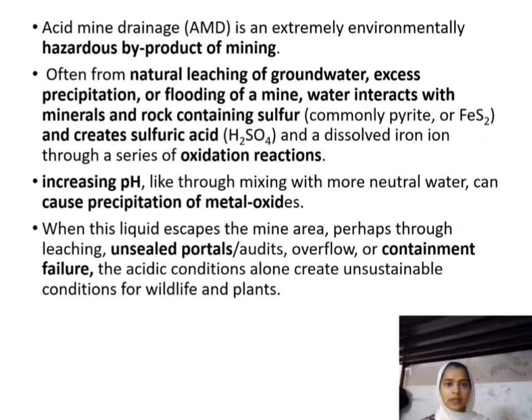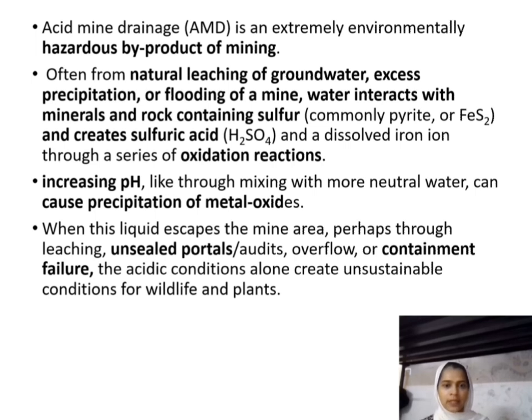Acid mine drainage is an extremely environmentally hazardous byproduct of mines, often from natural leaching of groundwater, excess precipitation, or flooding of mines. This water interacts with minerals and rocks containing sulfur, commonly pyrites, and creates sulfuric acid and dissolved ions through a series of oxidation reactions.